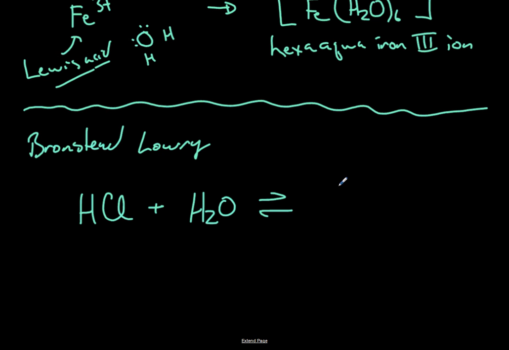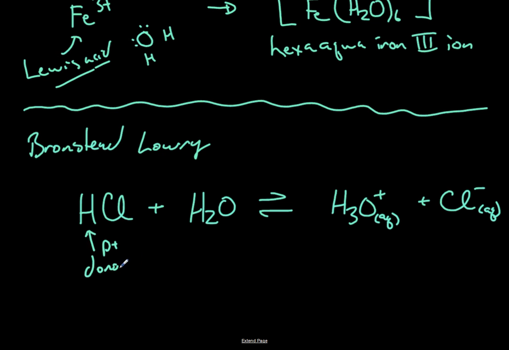And what you should get out of this situation is, well, you'll actually get this. So if we look, this is the proton donor here, right? And this is going to accept a proton.